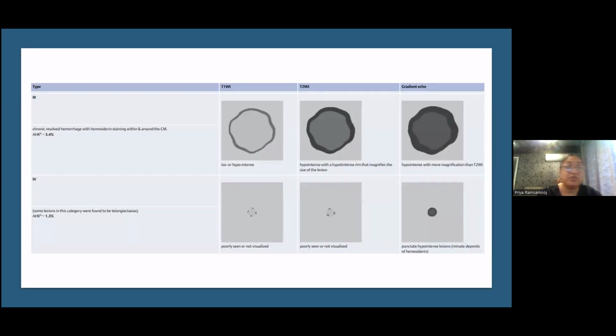Grade 3 is where it's chronic and it's resolved, and we can see that you have both hemosiderin staining inside and outside, in terms of chronic residual hemorrhage. And then grade 4, these lesions are so small, you really cannot see them. As you can see on your T1 and your T2 FLAIR, you're not seeing them, but you only see grade 4 on your gradient echo in terms of your MRIs.